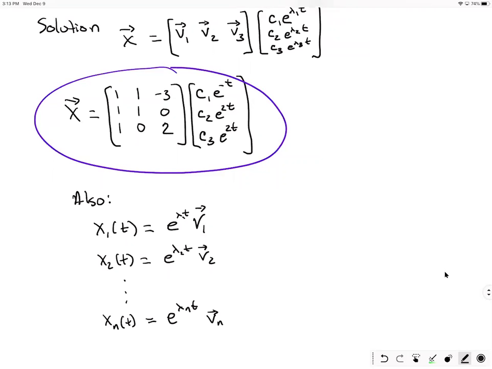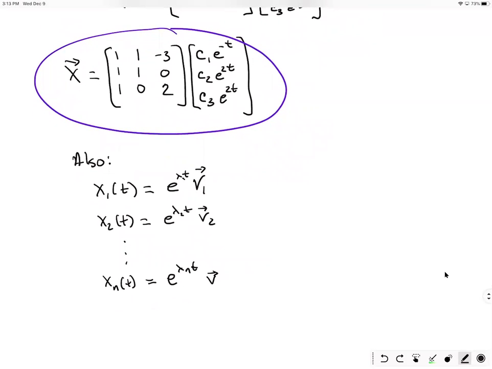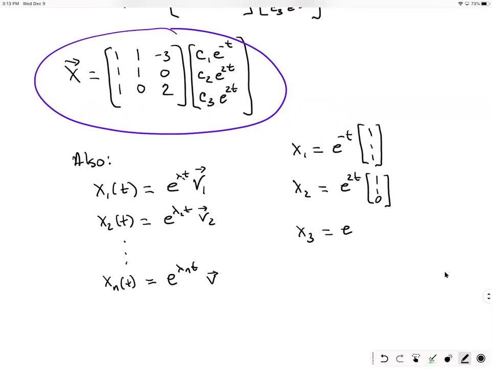And so in our case, I would just write that as x1 equals e to the minus t times 1, 1, 1, and x2 equals e to the 2t times 1, 1, 0, and x3 would equal e to the 2t times minus 3, 0, 2.